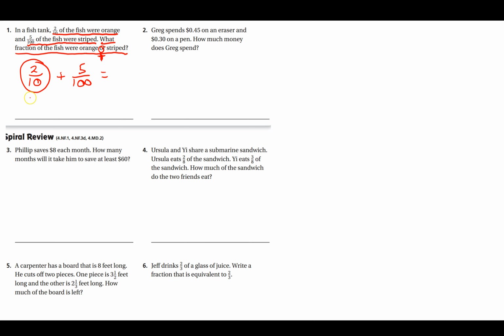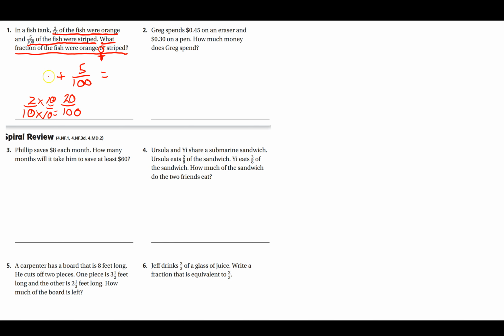We need to change this tenths to an equivalent fraction with a denominator of 100. And you're going to have to do that by multiplying the numerator and the denominator by 10. 10 times 10 equals 100. 2 times 10 equals 20. So now we have 20/100 for 2/10.